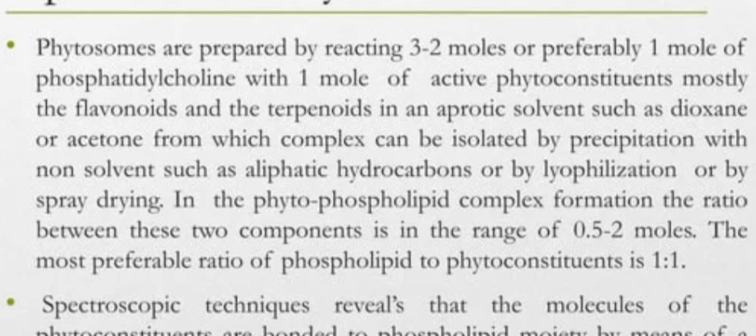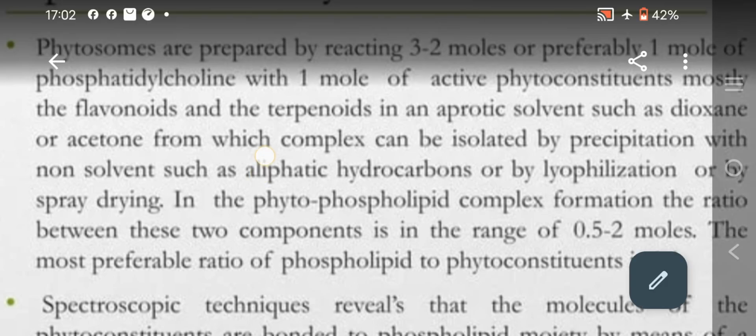So this will be isolated first. Next, in the phytophospholipid complex formation, the ratio between these two components is in the range of 0.5 to 2 moles. The most preferable ratio of phospholipid to phytoconstituent is 1 to 1.